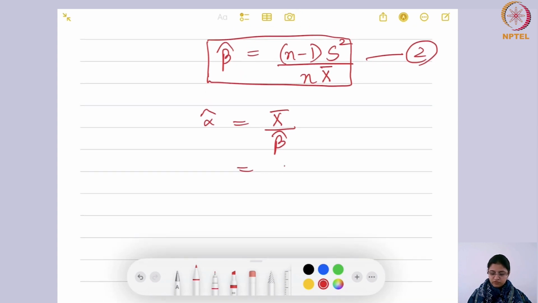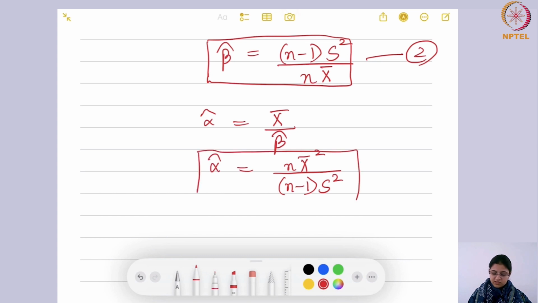It would be n X bar square over n minus 1 times the sample variance. So alpha hat is this. Finally, this is the answer: alpha hat and beta hat are these.